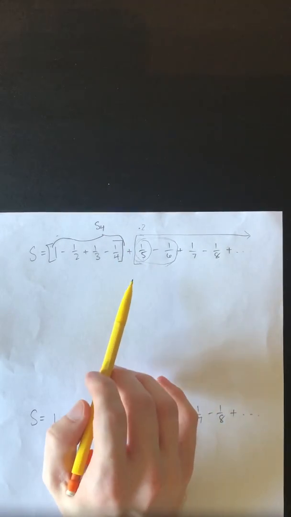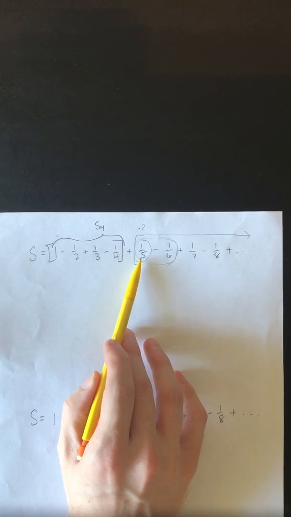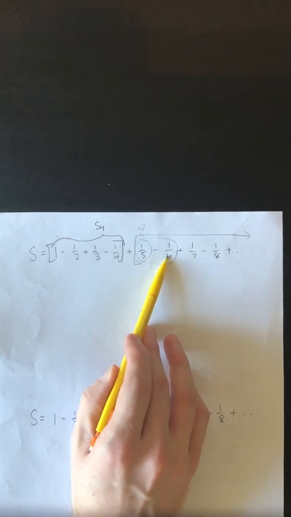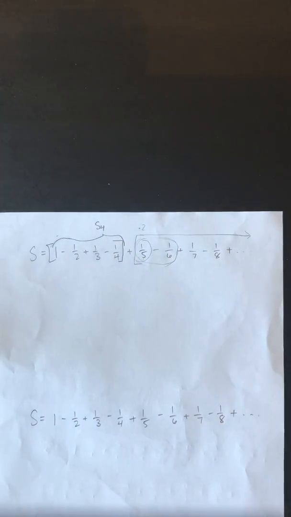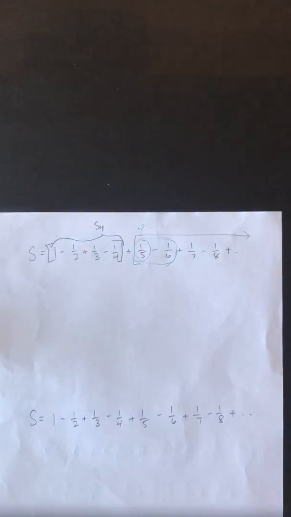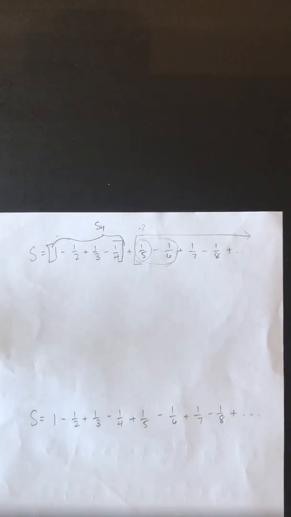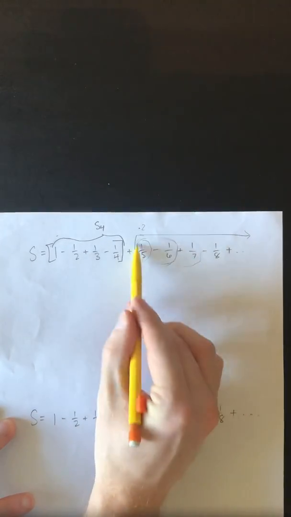I know 100% of the time, every single time, that 0.2 minus something is going to be smaller than the 0.2 was by itself. So the first term in the tail, that 1/5, by itself had a bigger size than the 2 terms added together. Let's look at 3 terms.